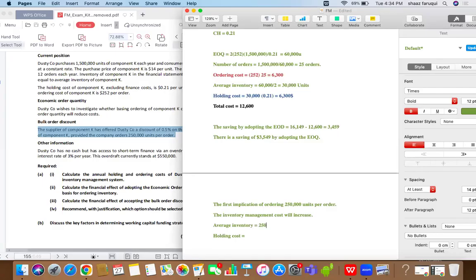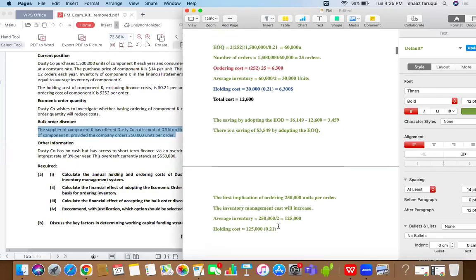If you're ordering 250,000 each time, the average inventory will be 125,000. Therefore, the holding cost will be 125,000 into the holding cost per unit, which is 0.21. How much is it? Who can tell me?